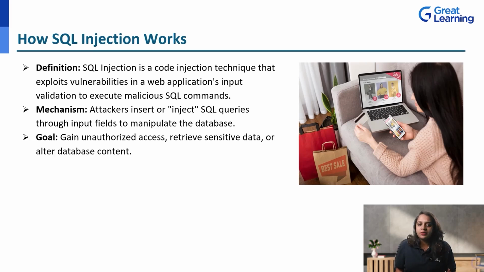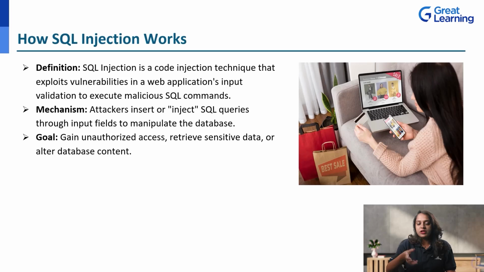So what is the goal here? What is my intention now? I want to steal your sensitive data. That is my main intention, right? So the goal is to gain unauthorized access. I'm not an authorized person to access your database, so it is unauthorized access, or I'm retrieving your sensitive data, or I am altering your database content. My intention can be anything.